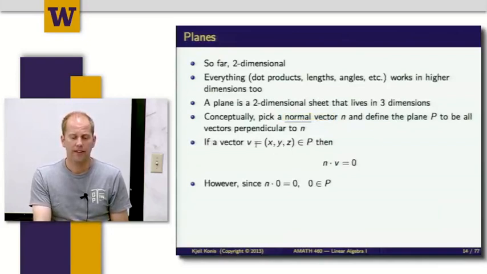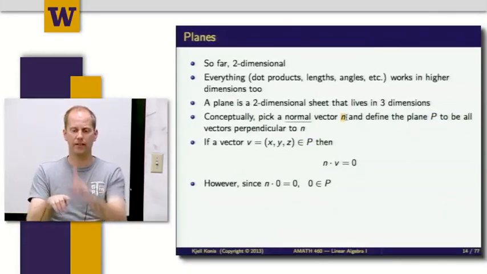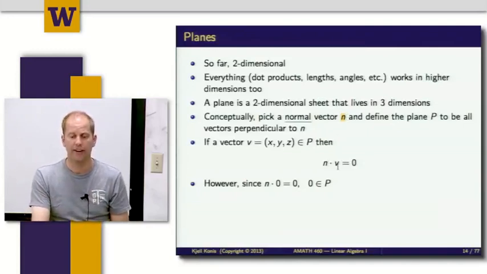And so if I have a vector v just representing a point in my plane P, so P is my plane, and it has a normal vector n. So there's a plane, and then there's a vector perpendicular to that plane that's called n. And if I took any vector in that plane, and I took the dot product with the normal vector, then by definition I should get 0.